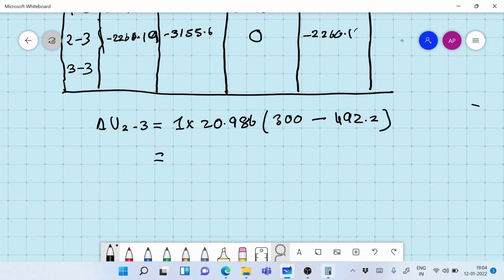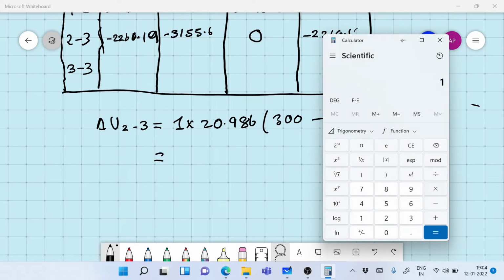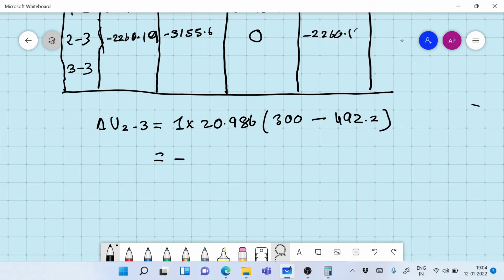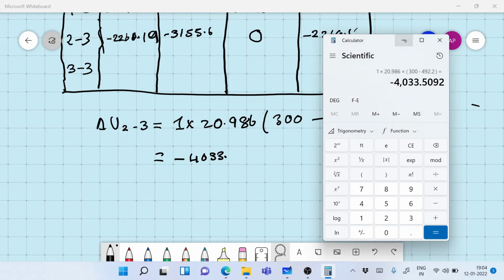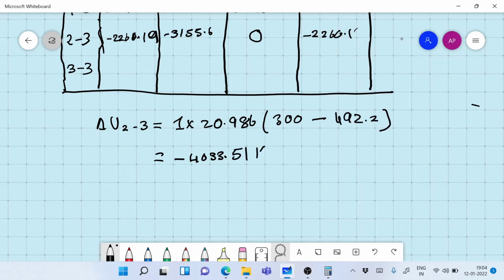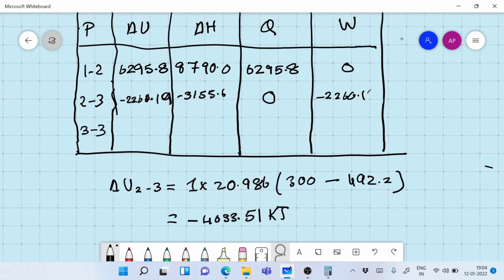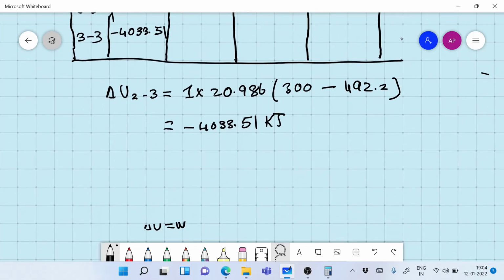So that's 1 into 20.986 into the bracket 300 minus 492.2, which is minus 4033.51 kilojoules. So we make a note of it.